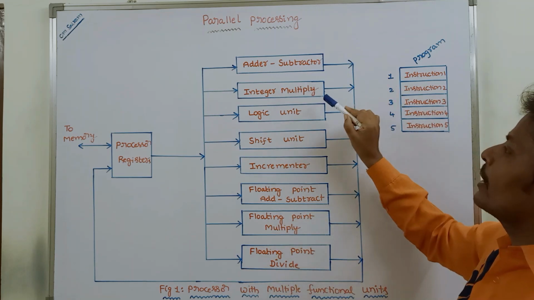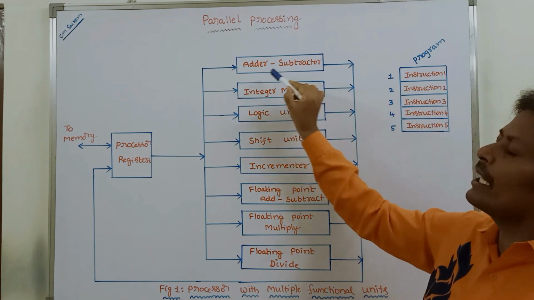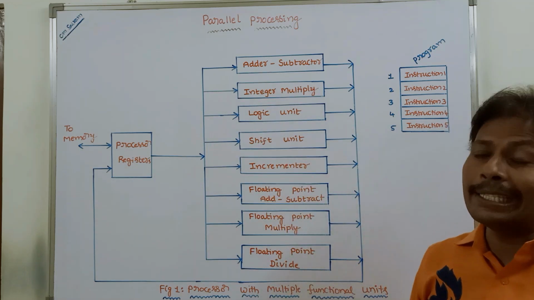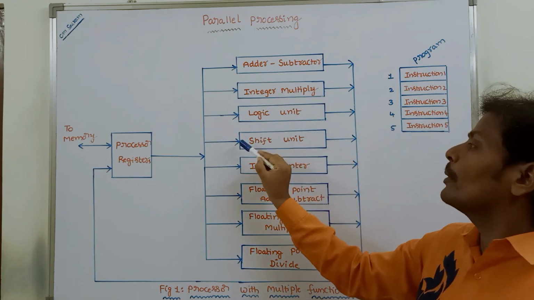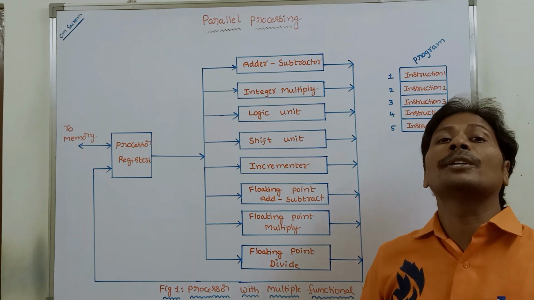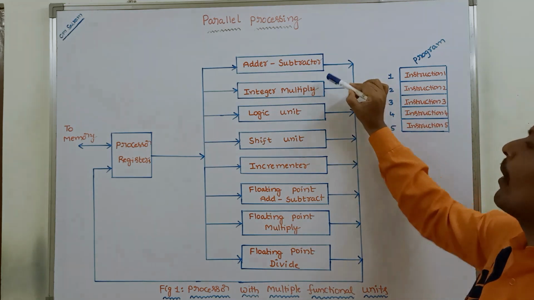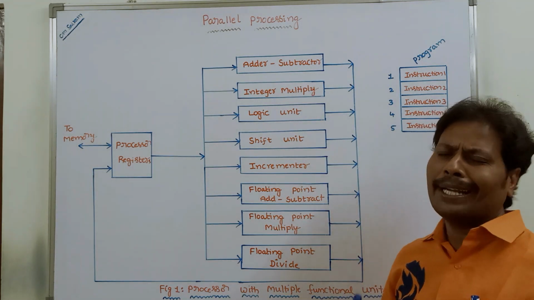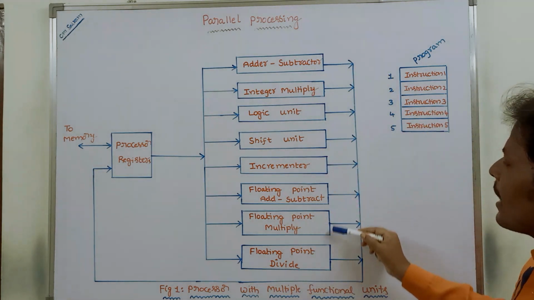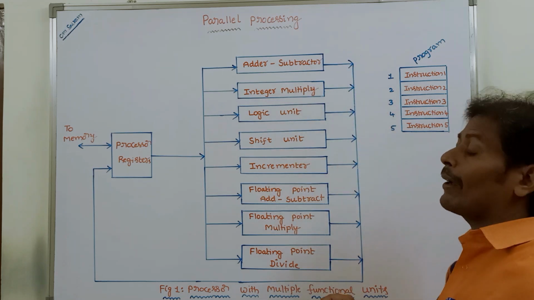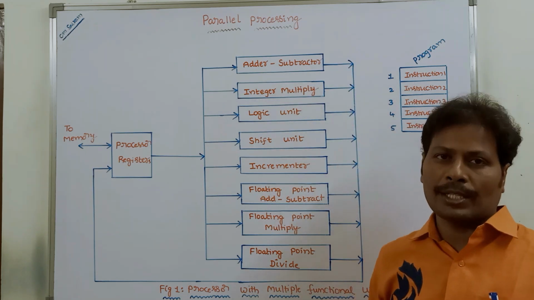In one unit, we are performing the multiplication operation on the integers. In another unit, we are performing the shifting operations. So, these two units are independent of each other. In this way, all these 8 functional units are independent of each other.